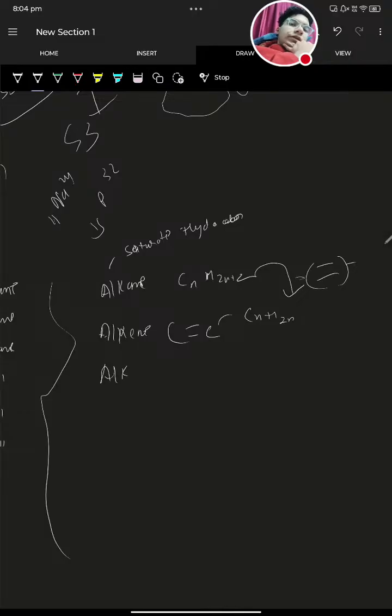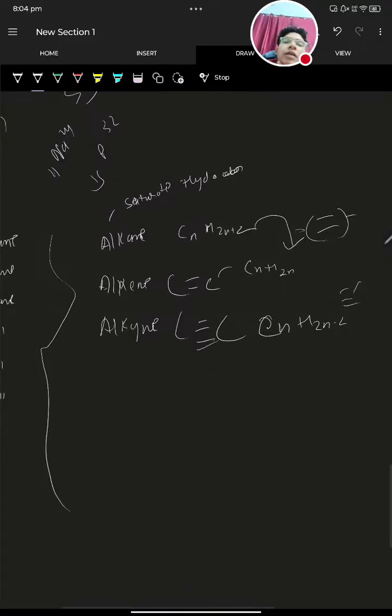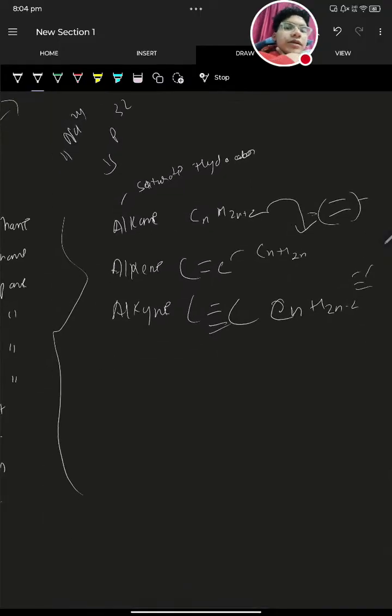Then there is your alkyne, which has a triple bond, and it is CnH2n minus 2, because like they are double bond, two hydrogen is lost, so four hydrogen is lost in alkyne. Yeah, so that's the thing.